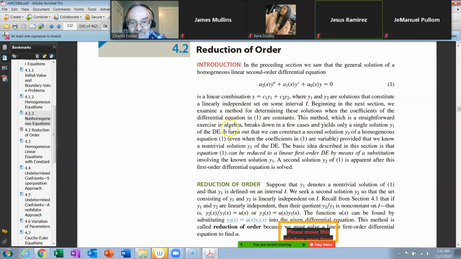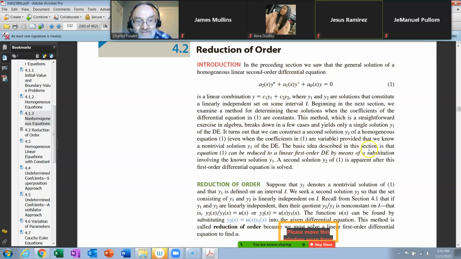If that's the case, it turns out we can construct a second solution, y2, of a homogeneous equation, this one, even when the coefficients are variable, provided we know a non-trivial solution, y1, of the differential equation. So if we can figure out the first one, then we can also figure out a second one.